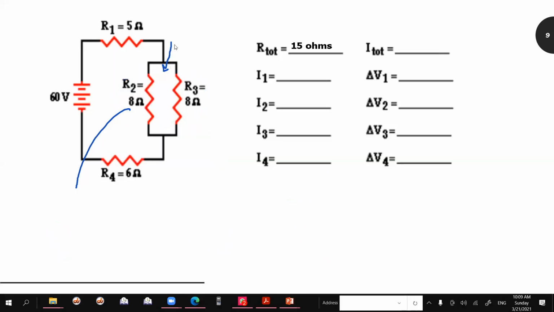Now, what do we need now? We need to find I total. Now, in order to find I total, we say that this is the circuit here, and first we have to find the equivalent.